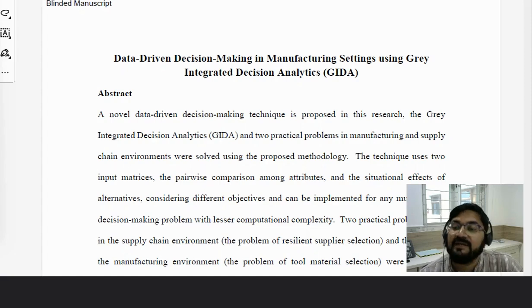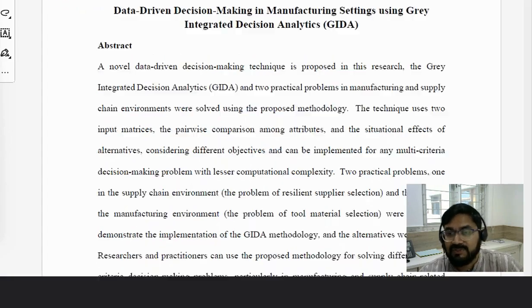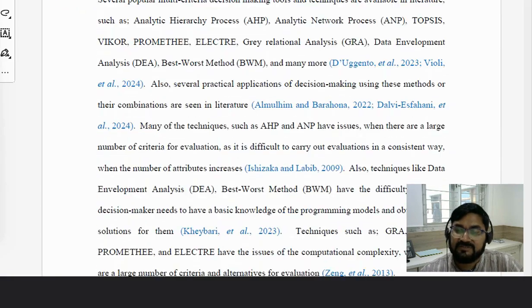So all three limitations that other multi-criteria decision making techniques suffer from can be solved with this Grey Integrated Decision Analytics. We will be using a combination of different distance spaces and pairwise comparison to make it. So we will directly go to the implementation.